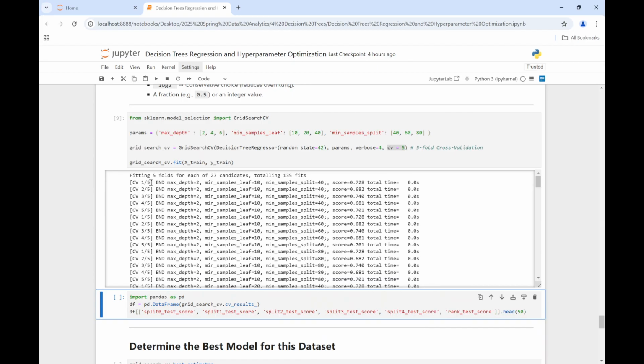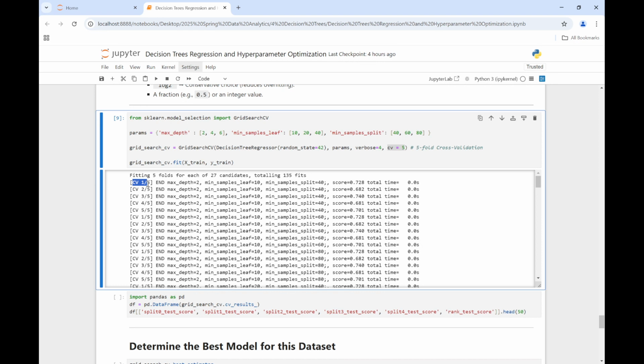So if I run this, and this will happen fairly quickly because it's a relatively small data set, you can see that we have the output of this run. For split 1 of 5, when I use the model with the maximum depth of 2, minimum number of samples required to be in a leaf of 10, and minimum number of samples required for a split to be 40, I get an R-square value of 0.728. When I consider the second split in the data, I get an R-square value of 0.682.